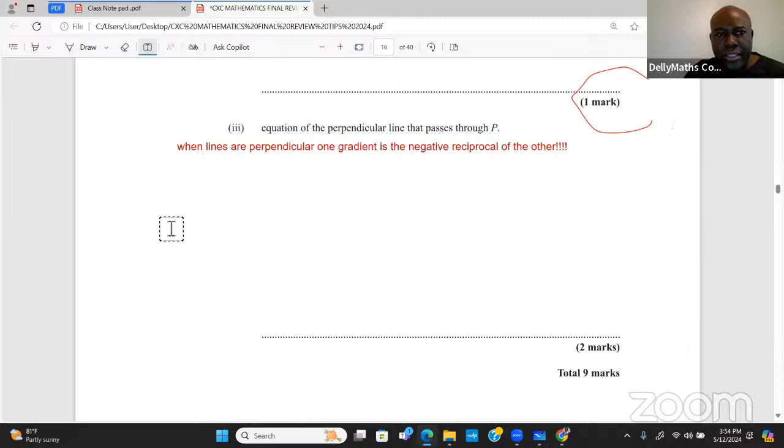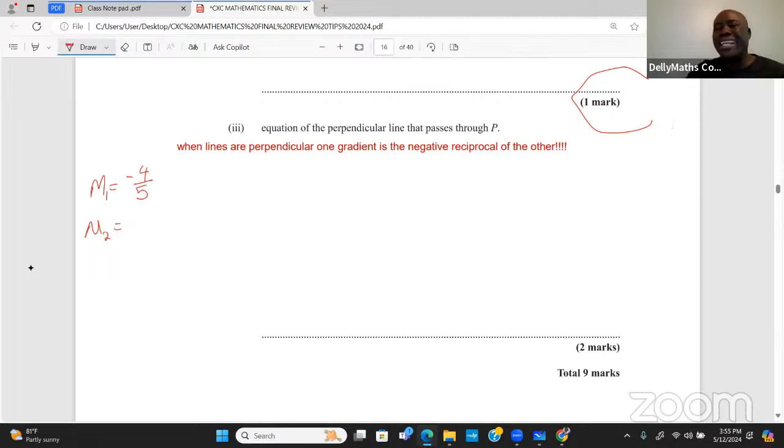So if I know this piece of information, that when lines are perpendicular, one gradient is the negative reciprocal of the other, all right? Which means that, take a look. For the first line, let me just call this M1. That's the gradient that we got from the first case. M2 will be for this line now, so this is the second gradient. What does negative reciprocal mean? Reciprocal means to flip upside down.